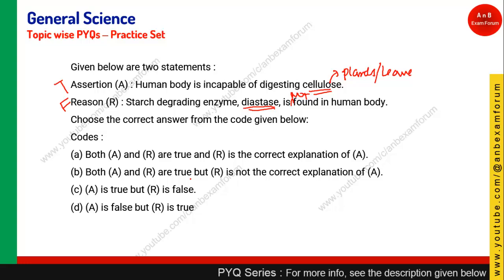Both A and R are true, but R is not the correct explanation of A. Basically A is true, R is false, and it is not the reason. He is asking for the reason that it is not found in the human body. So option C should be correct. The answer he is saying is B, but it should be C. I am correcting it. So it is C: A is true and the reason is false.